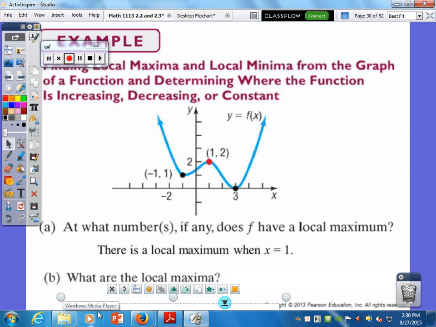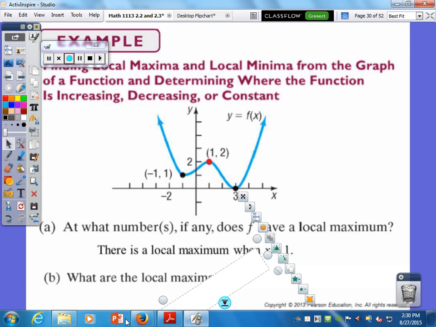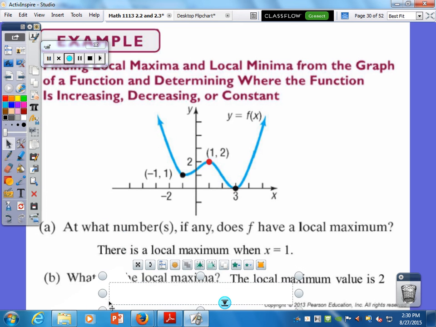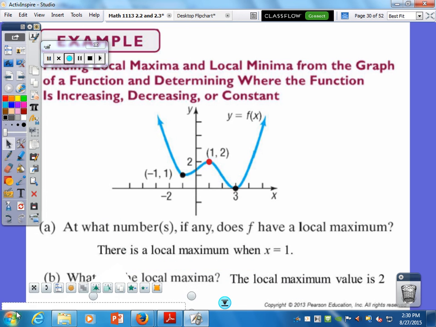Now that 1 is not the local maximum value. The value of the local maximum is the y value. So at what number does it have a local maximum? At 1. But when it asks you what is the maximum in that localized area, it's going to be the y value of 2.